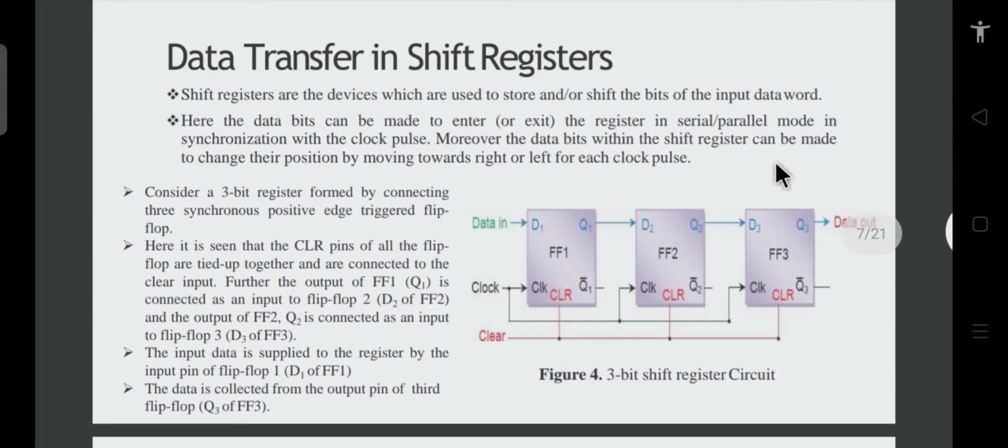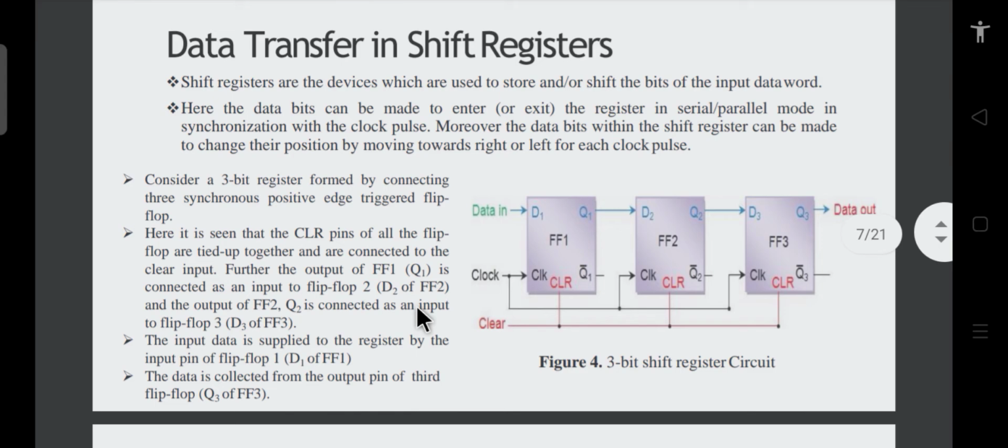Now let us see the shift registers. Shift registers are of various types, so we will see them. These shift registers are used for various purposes. In shift registers, the data can be input either in serial form or in parallel form.